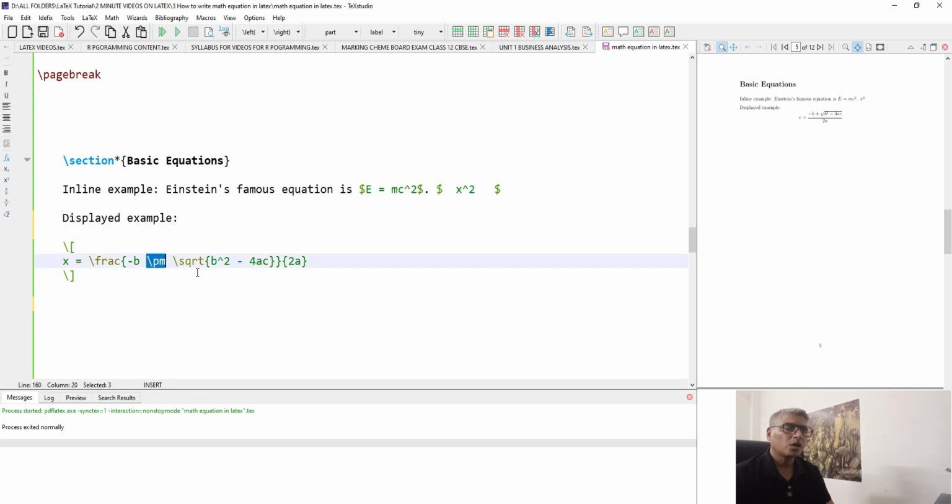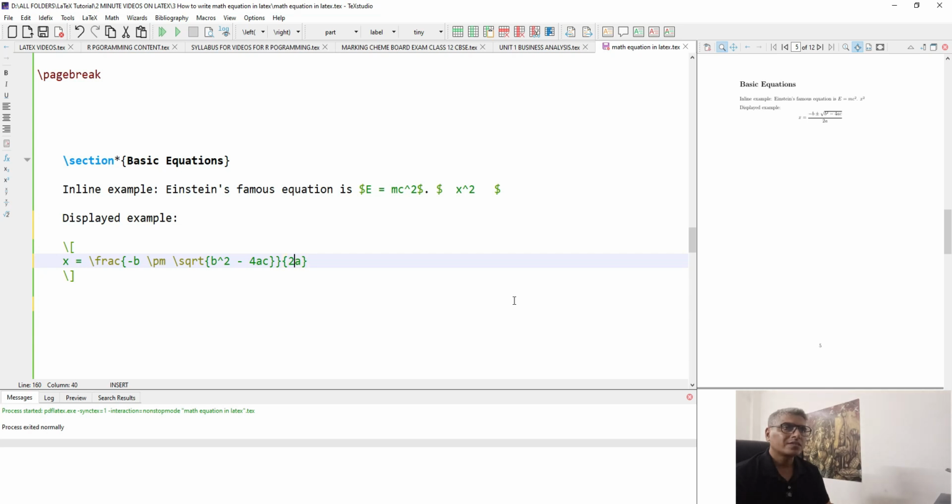That means if you are going to use plus-minus, like in a quadratic equation, we have to use \pm. Now how to write a square root? To write a square root, you use \sqrt, and between the brackets you write any expression, and that will be visible in square root form. Very simple. In between this we have written b raised to the power 2, which is the formula to find the solution of a quadratic equation, b² minus 4ac, upon 2a.